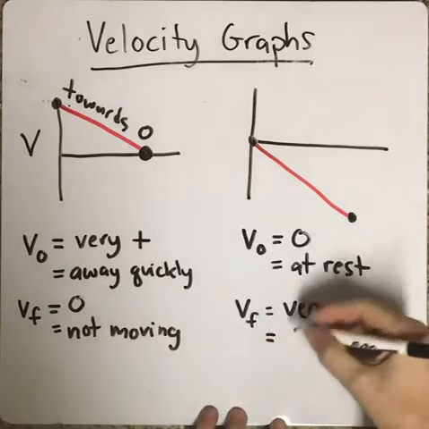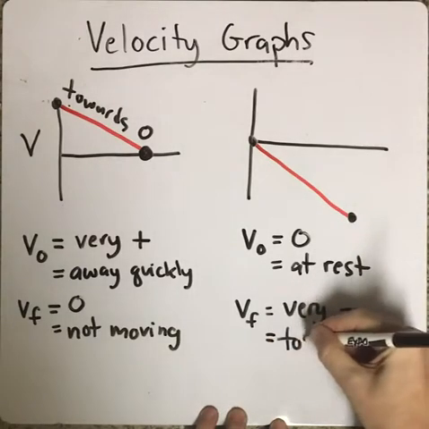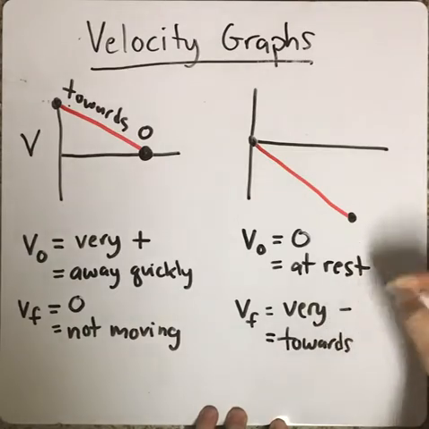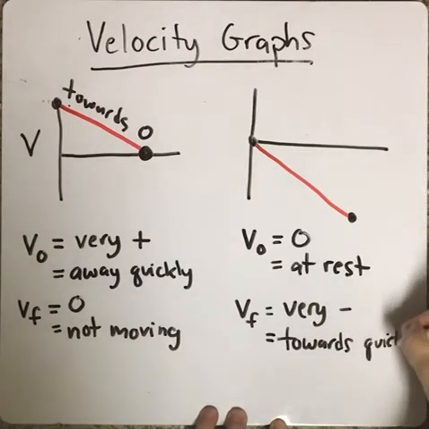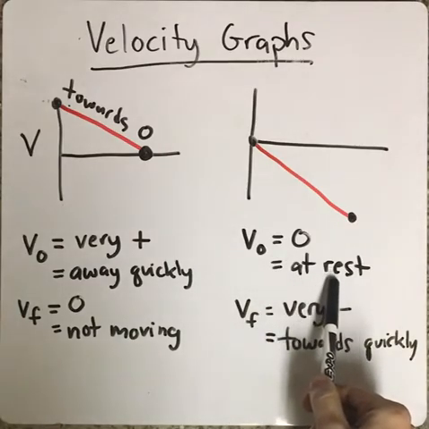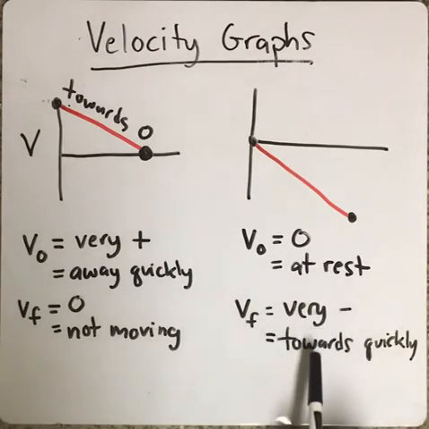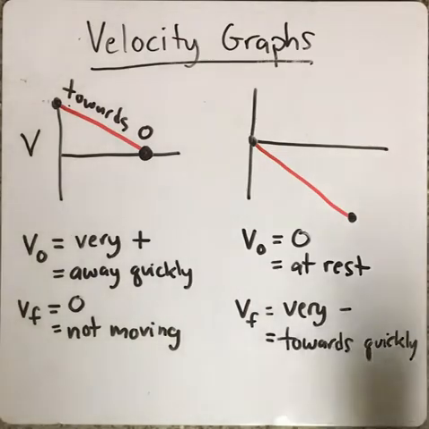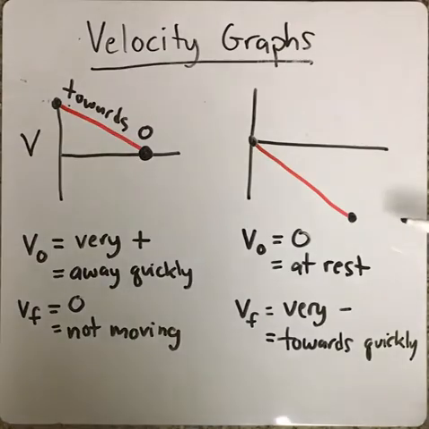What this means is that the object is coming towards the reference quickly. So this object starts at rest, but then by the end of the story is moving towards the reference quickly. If you think about that, this means the object is gaining speed.